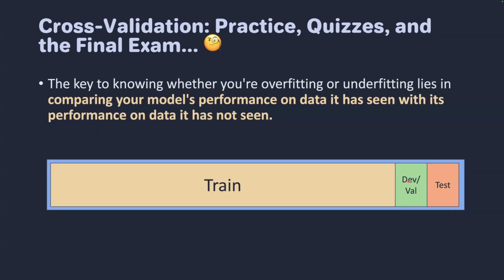Think of it as a quiz. In the quiz, you cannot ask the teacher what the answer to a question is. But you can do this in the homework. You can go to your TA and say, I can't figure out this part of the assignment, can you help me? You cannot do the same for the quiz. You've already done your learning, you've already studied for the quiz, and now it's time to evaluate how well you've learned.